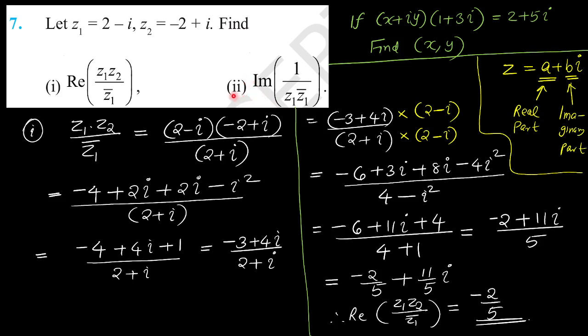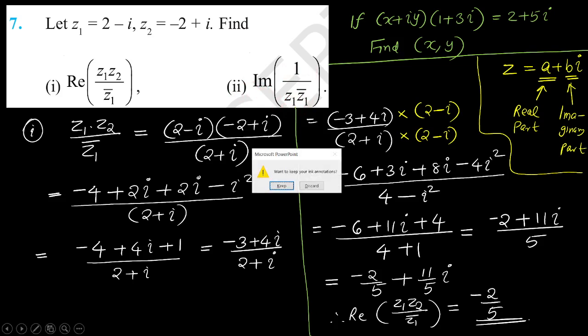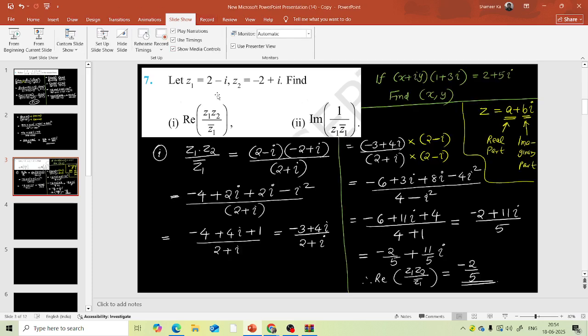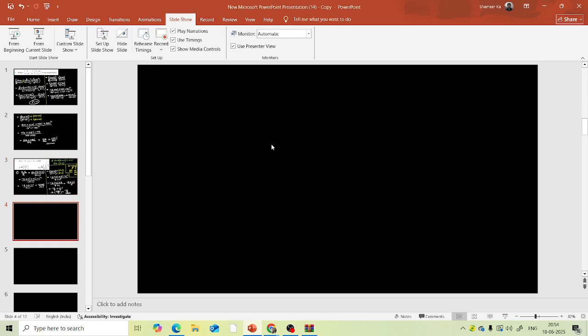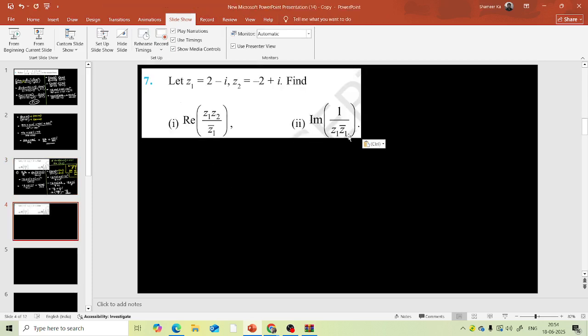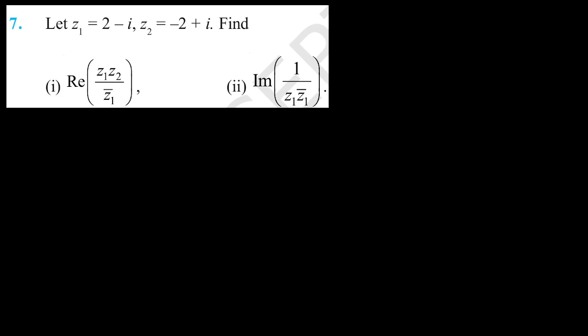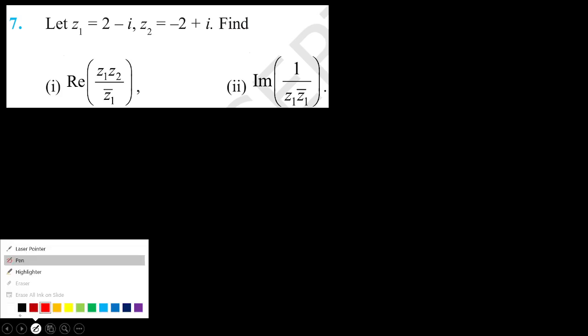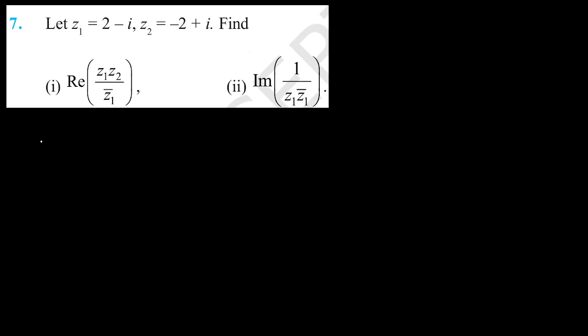So let me discuss the second question. Imaginary part of 1 by z1 into z1 bar. All of you are finished, right? First one I discussed. Second one I am going to discuss. What is 1 by z1 into z1 bar? Let me find its value first.